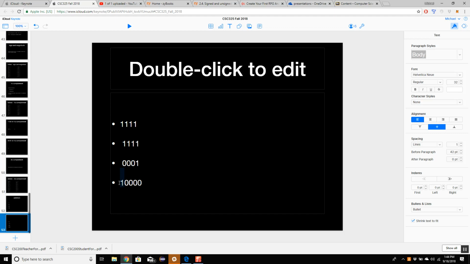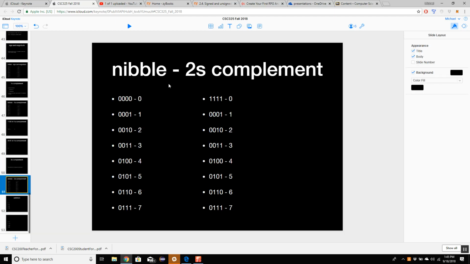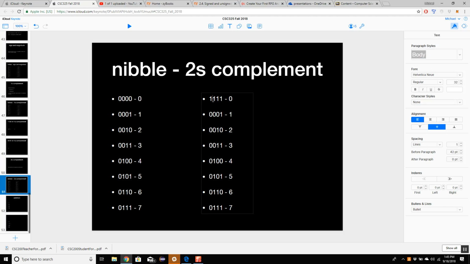But the actual value I'm left with is 0, 0, 0, 0. So we come back up here. I flipped all the bits on this guy, right? So I changed 0, 0, 0, 0 to 1, 1, 1, 1, added 1 to it. I'm left with 0, 0, 0, 0.